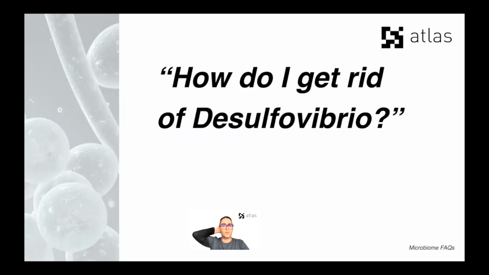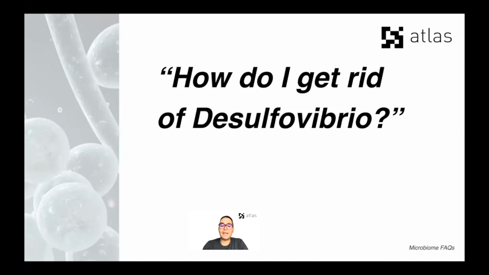And that's another really good example. So we get loads of questions around, how do I get rid of whatever it is? And this is just one example. Desulfovibrio is a type of gram-negative bacteria that, being gram-negative, actually carries LPS. We talked about that in the previous webinar, which if you haven't watched, you can just go on the Atlas YouTube channel and watch it.